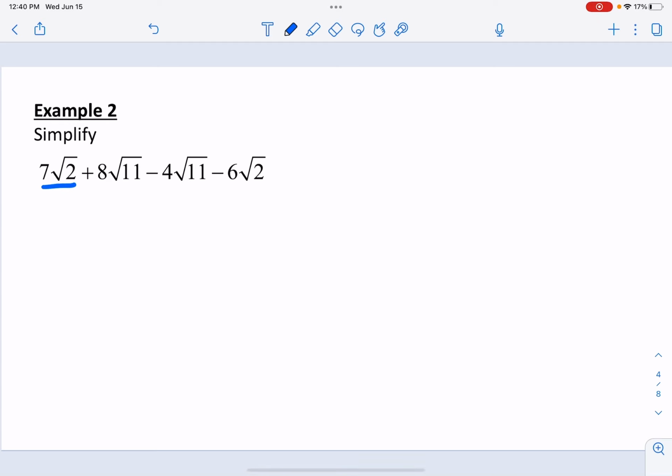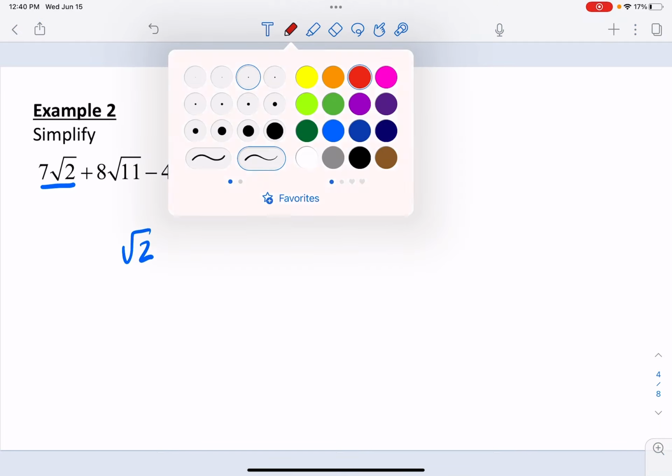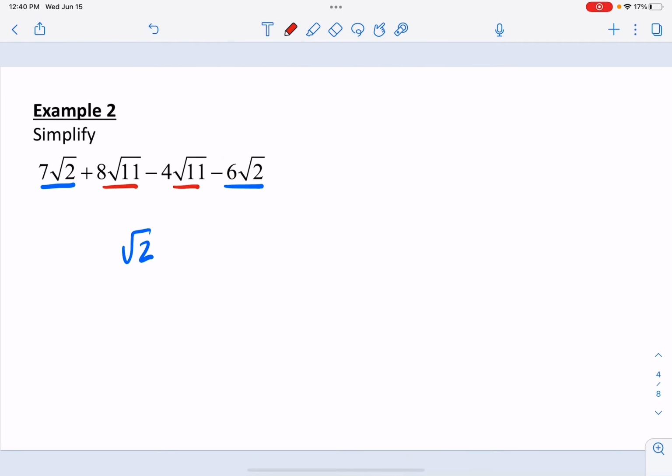So these are like radicals. So I have 7 minus 6, so that's just a root 2. And then we add those, minus 4 root 11. And that's our answer.